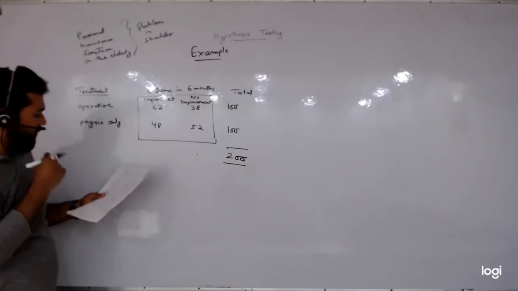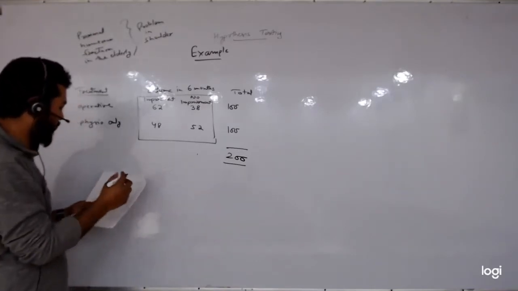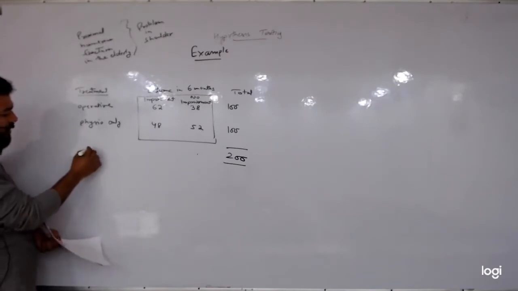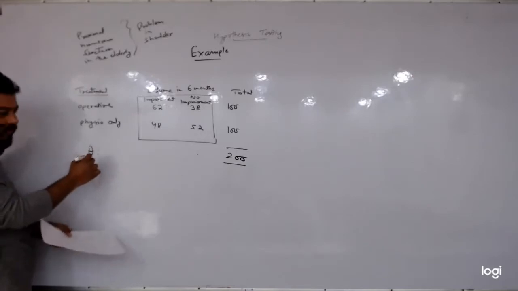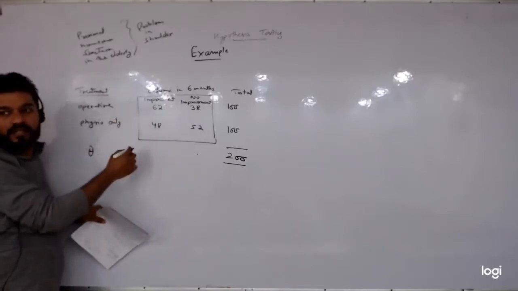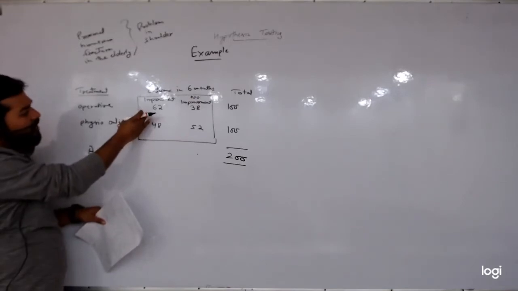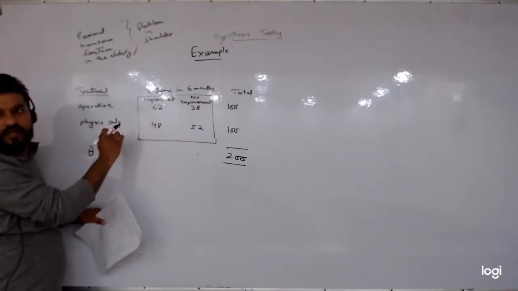So what we would take is theta, which in this case would be the difference of the proportion of patients which showed improvement.